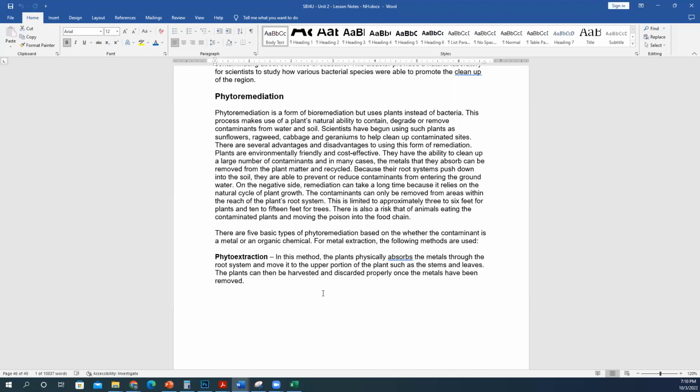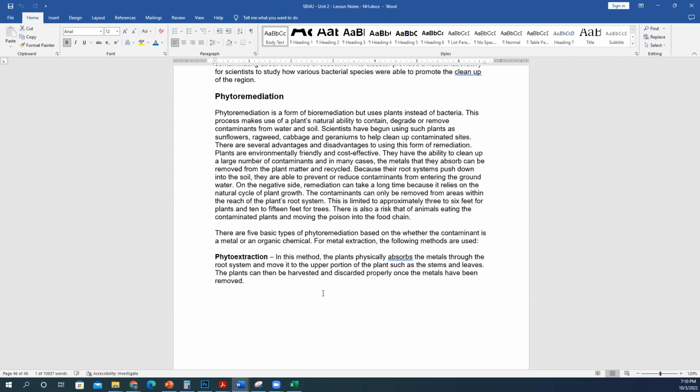Scientists have been using plants such as sunflowers, ragweed, cabbage, and geraniums to help clean up contaminated sites.